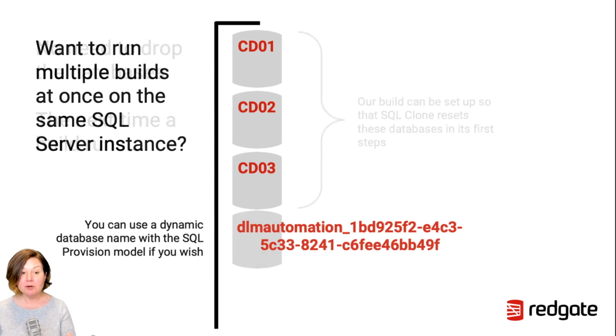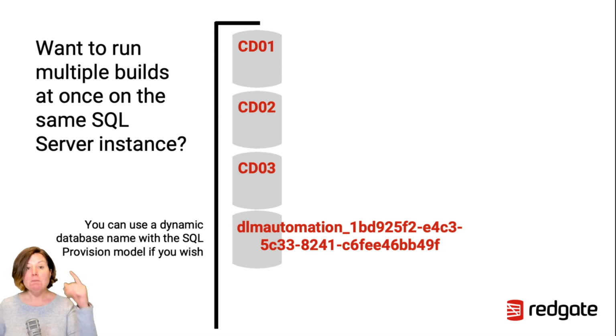But if you would prefer to enable multiple builds to run against this SQL Server instance at once, you could still say, hey, we want to build with a dynamic database name, right? And then each build that you're running builds in its own instance. It isn't interfering with the dependent databases, and multiple builds could run together if you do want to do that.